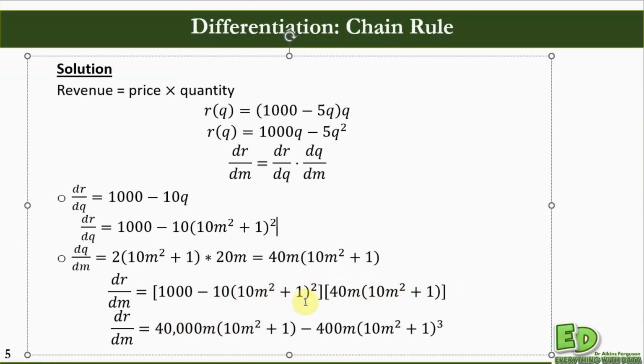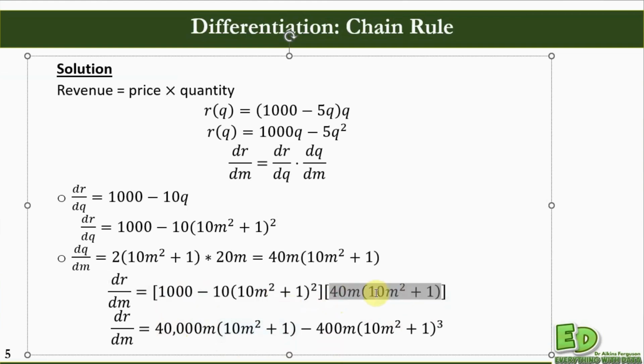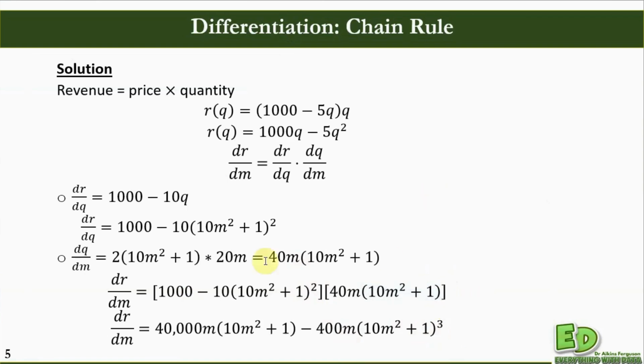This gives us 400m into bracket (10m squared plus 1) all to the third. Remember, this has a power of 2 and this function has a power of 1, so 2 plus 1 gives us 3 indices. So this is how we go about the chain rule in the application level or in the business sense. This is our marginal revenue function now, and you are done with the question.